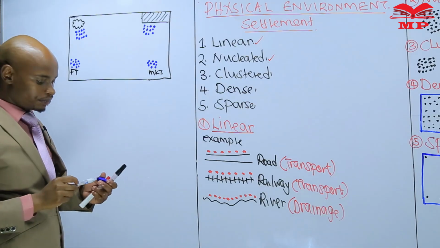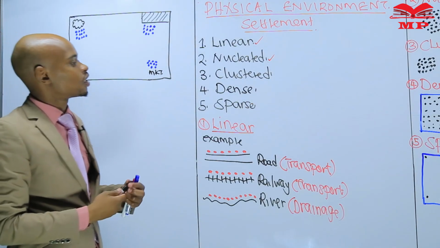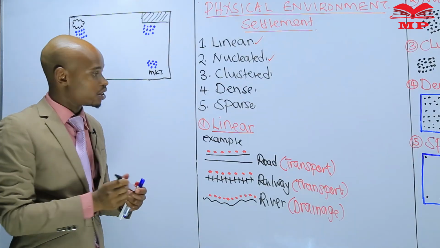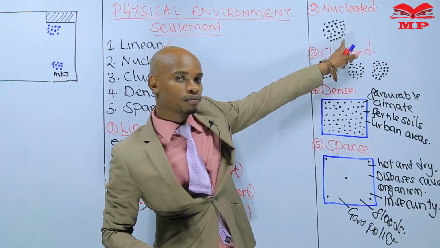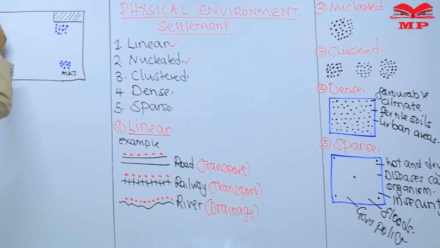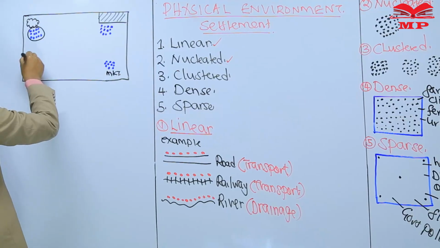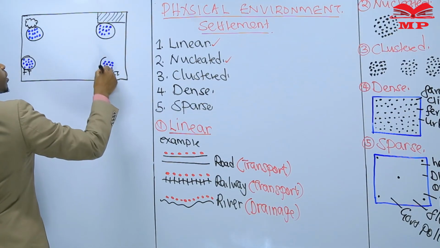Looking at your map, identify first: which pattern are they assuming? Is it one group? No, it is several. As a matter of fact, they are 1, 2, 3, 4.